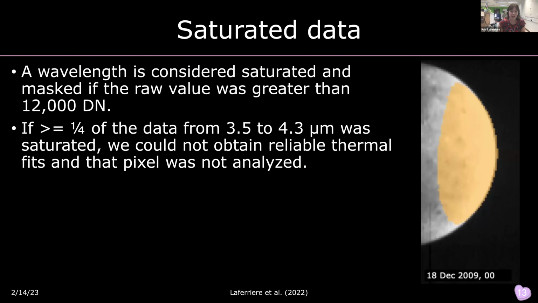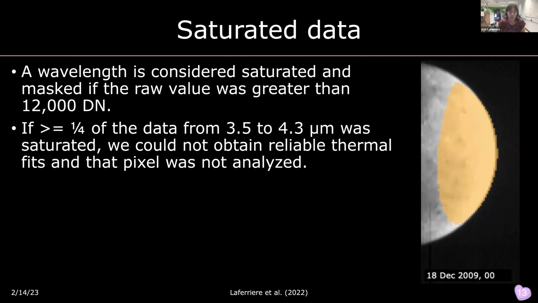As I mentioned, some of the data did saturate, but what we were able to do in the process of our thermal model, our thermal removal model, which I'll explain in a second, is we went through and tried to save as much data as possible.